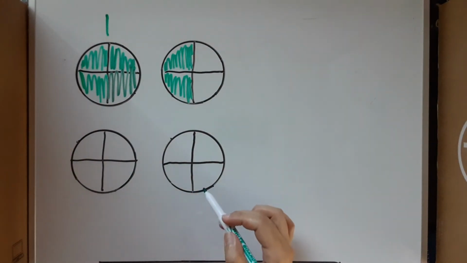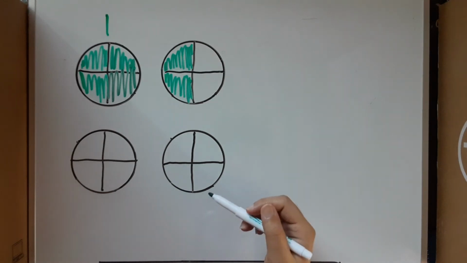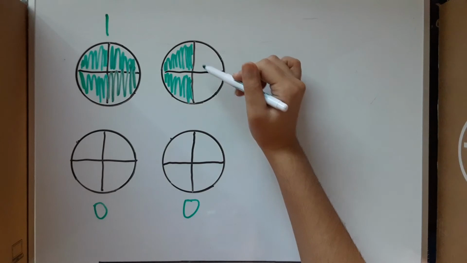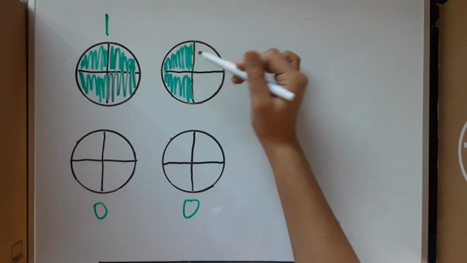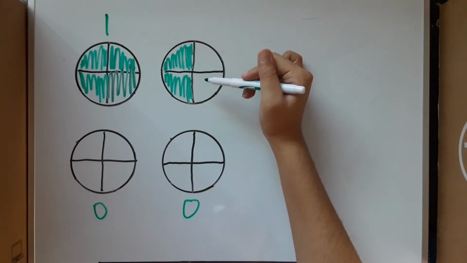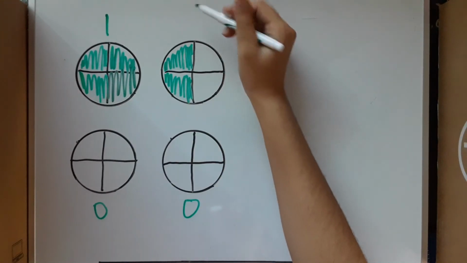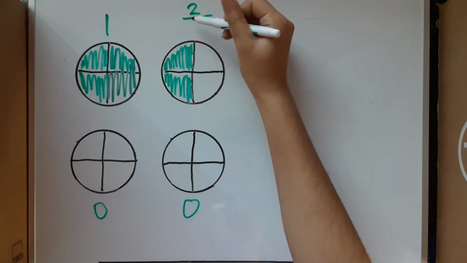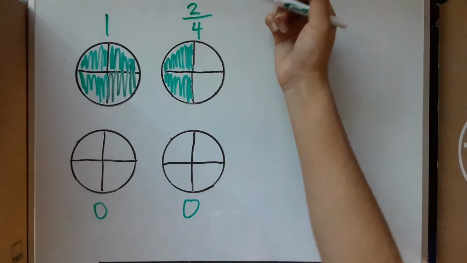Both of these circles have nothing filled in, so they would count as 0. This circle has 2 parts of the 4 parts shaded in, so we would write this as 2 over the total of this circle, which is 4.